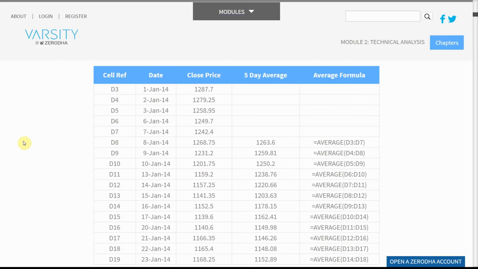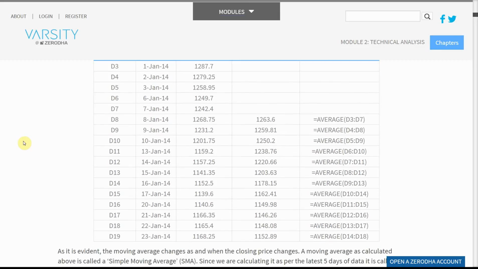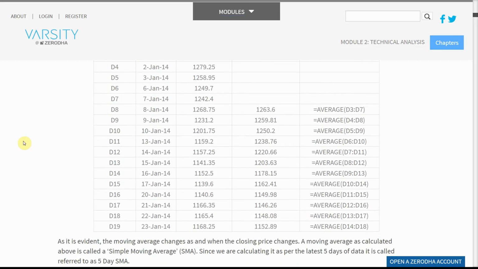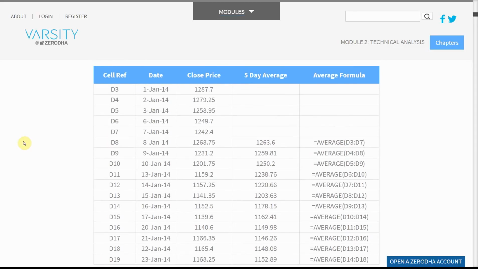D3, 1st of January 14, 1287.7. D4, 2nd of January 14, 1279.25. D5, 3rd of January 14, 1258.95. D6, 6th of January 14, 1249.7. D7, 7th of January 14, 1242.4.